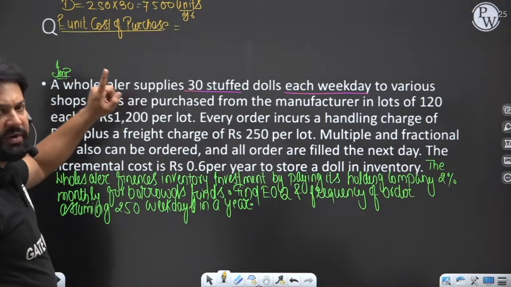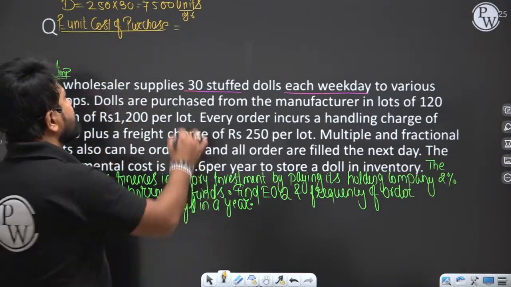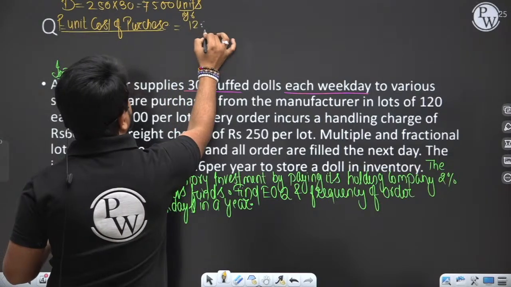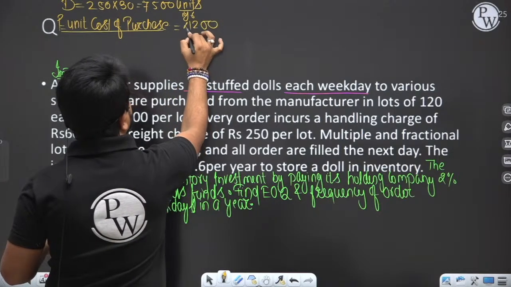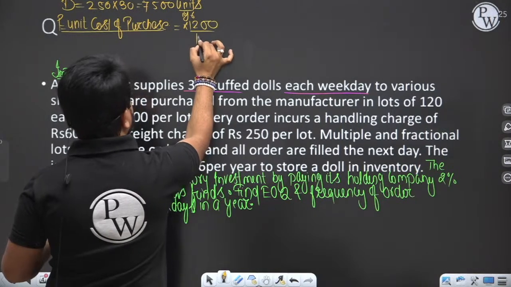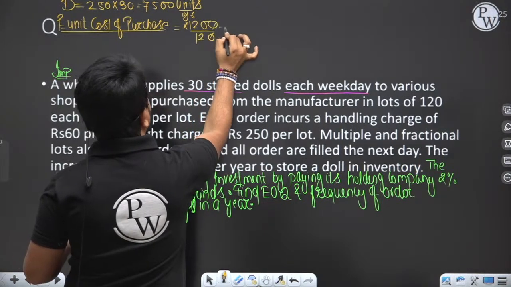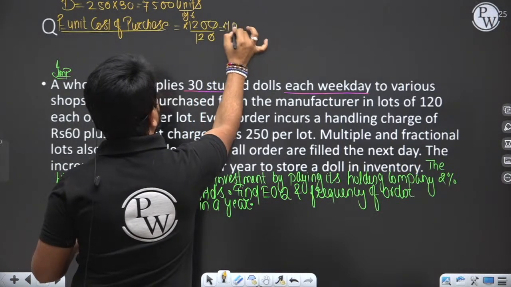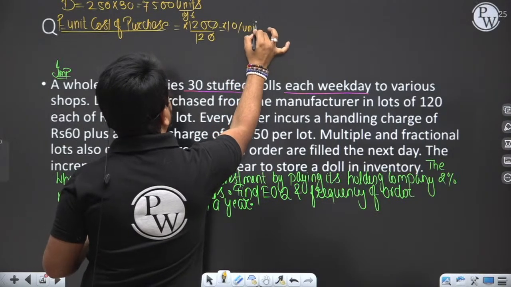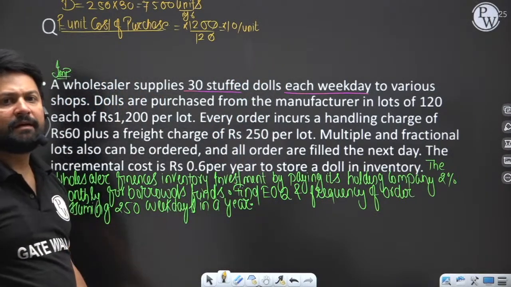So the unit price per doll is 1200 rupees divided by 120, which becomes 10 rupees per unit, right?